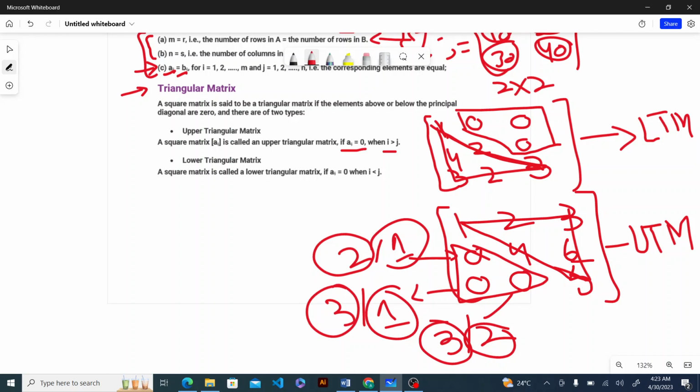And for lower triangular matrix, the case is opposite to the upper triangular matrix. When the column number is greater than the row number, then the elements will be 0, and other than those three elements, all the elements will be non-zero and will make a triangle. So they were the two types of triangular matrix, lower triangular matrix and upper triangular matrix.